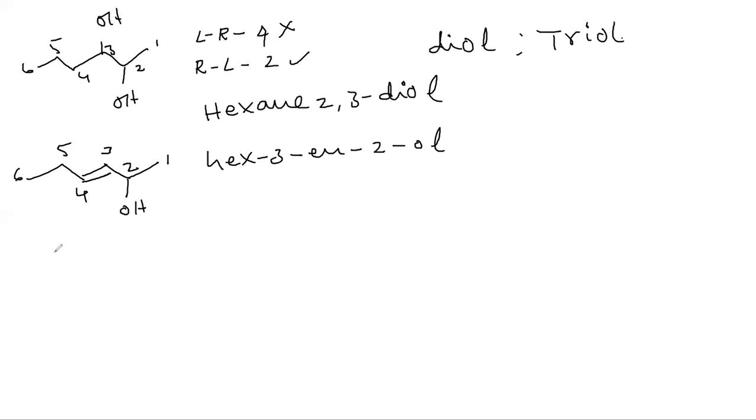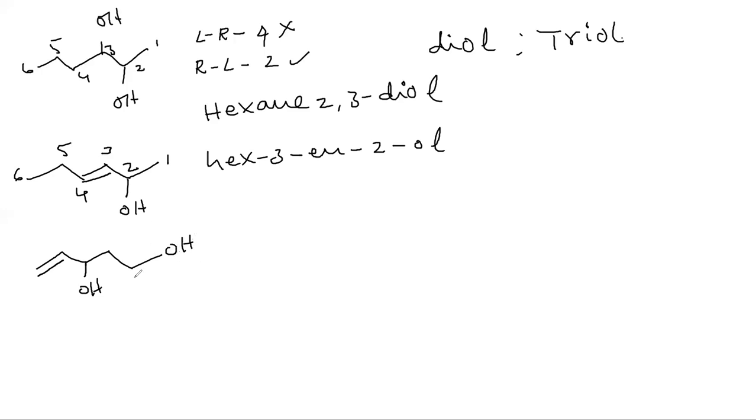Okay, and for example, I have a compound like this. Now tell me from where I have to give the numbering, from this side or this side? So absolutely I have to give the numbering from this side, as this substitution is getting the lowest number. This is acting as a functional group now.